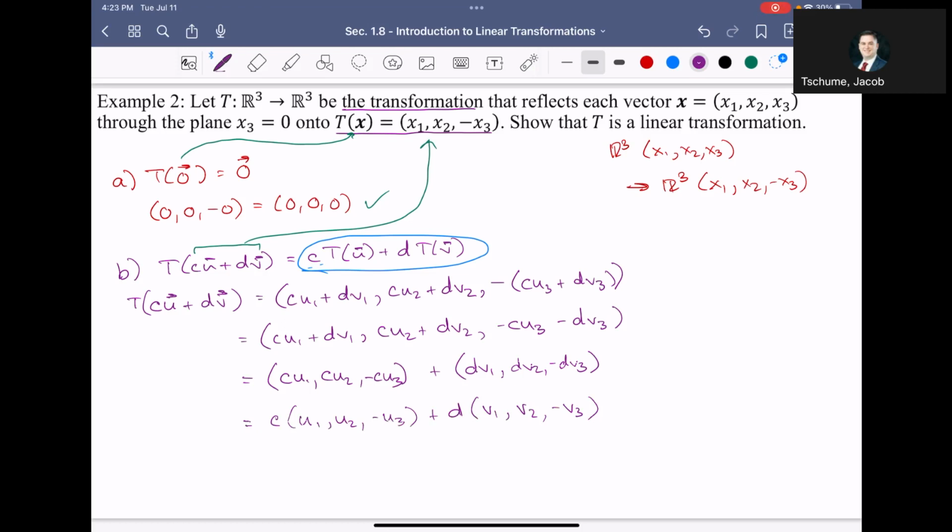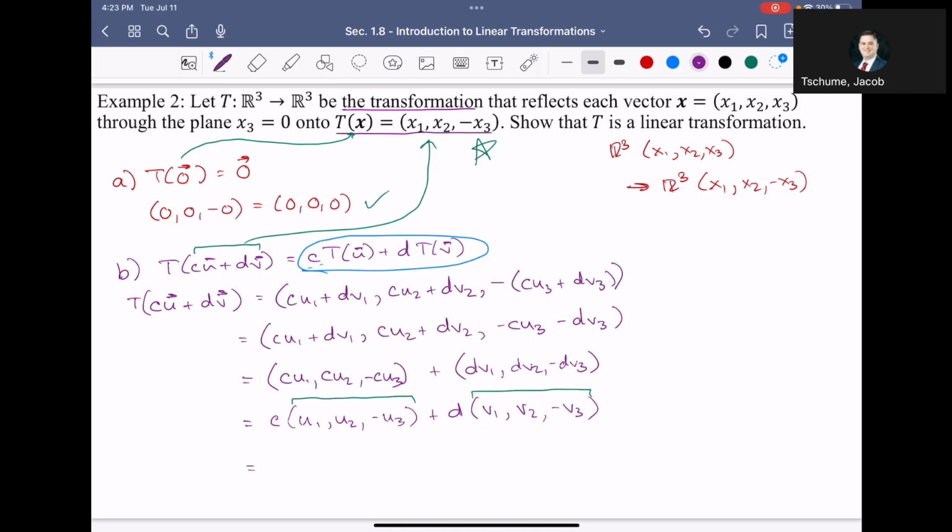And so now if you're playing your matching game here, the u vector and the v vector, if you look back at the T of x, those vectors match exactly the T of x vector, but they just have different variables. Since they match, that has to be the same transformation.